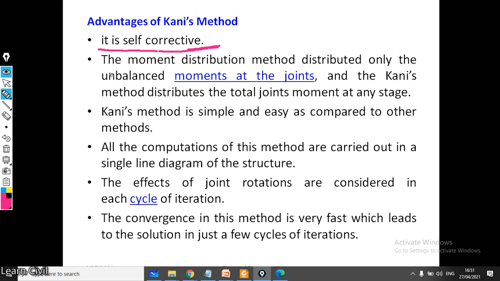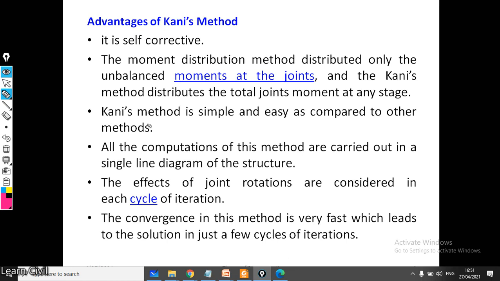Then in the moment distribution method, only unbalanced moments are distributed, but in Kani's method, it distributes the total joint moment at any stage.